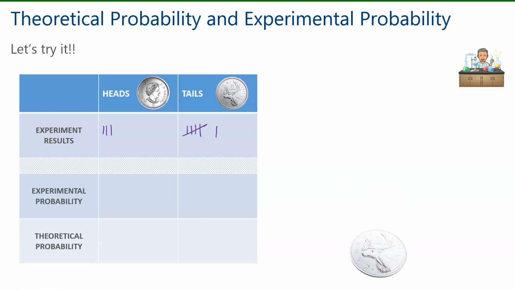Tails. Tails. Heads. Tails. Barely see the tails on that one, but it is visible. Heads. 13 trials done.